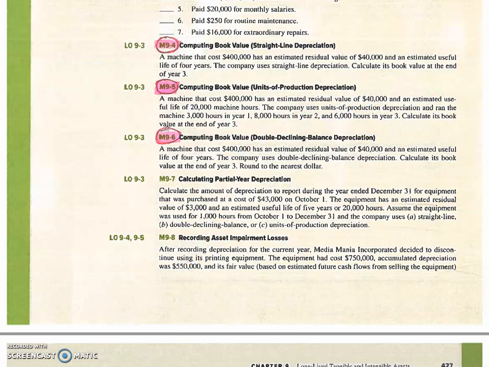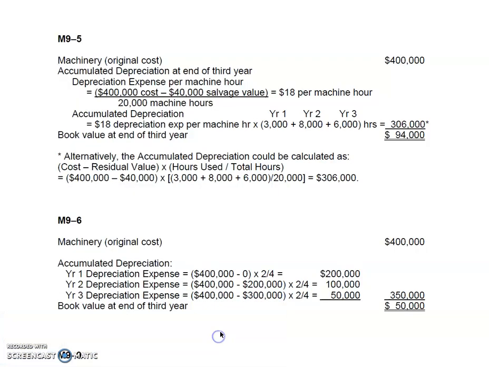Let's look at the answer and let them do the math for us. So again, there's the cost, and the cost minus salvage value divided by the machine hours of life gives us $18 per machine hour depreciation. 360,000 divided by 20,000, $18 per hour.